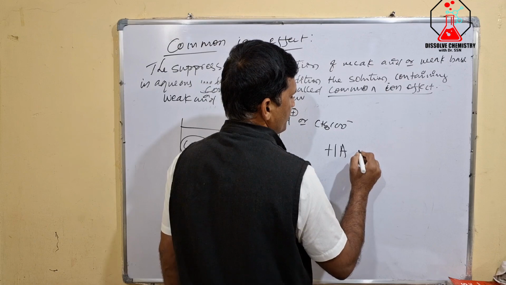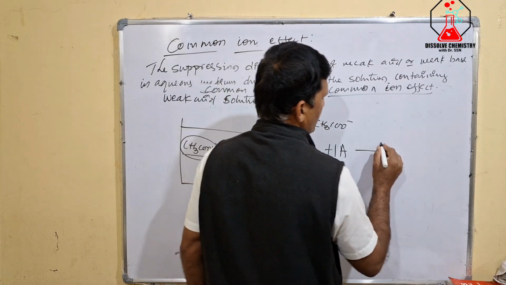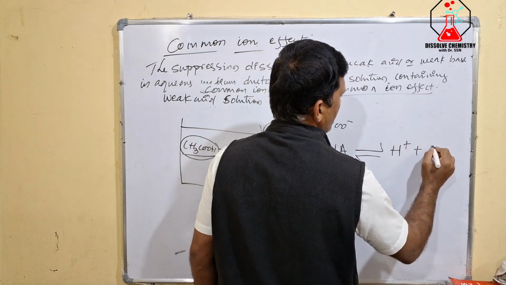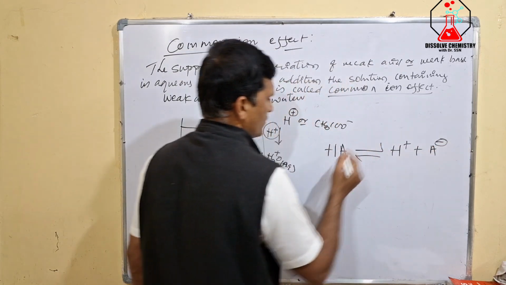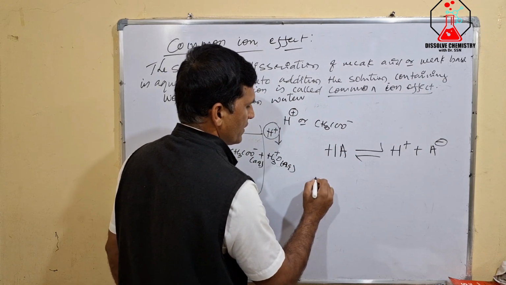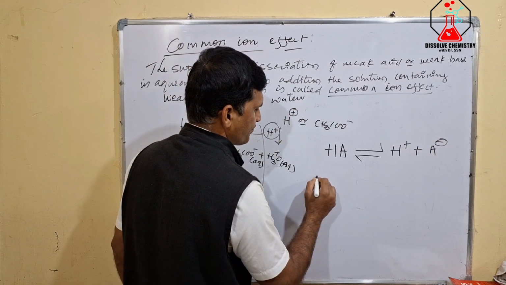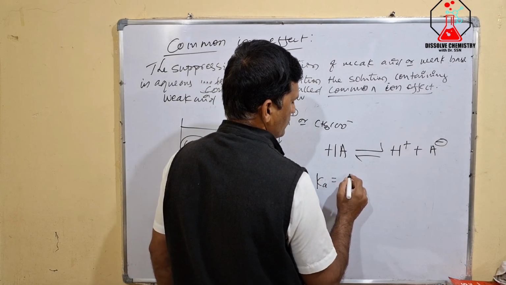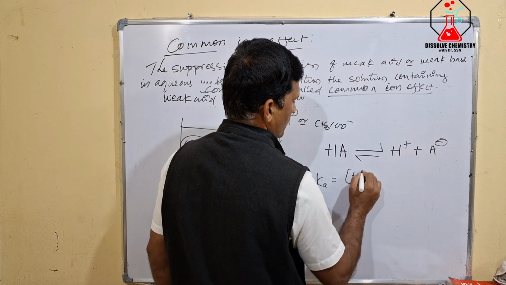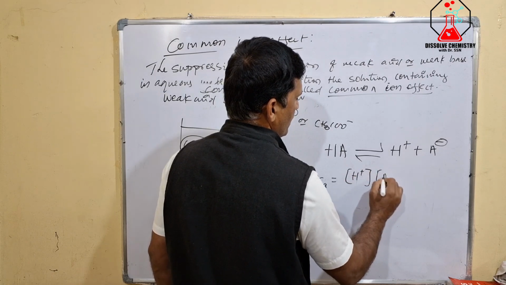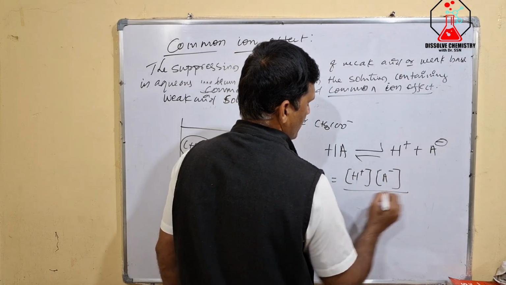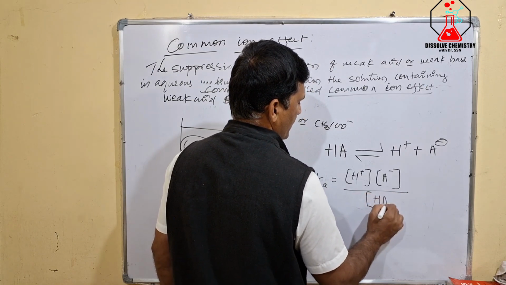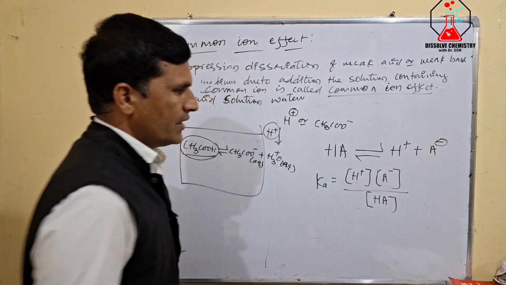So we will take HA, a weak acid, dissociating into H plus and A minus. The dissociation constant of this acid we give as Ka equals the concentration of H plus ion and A minus ion divided by HA, the undissociated form of the acid.